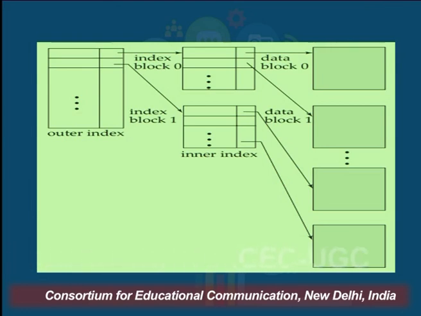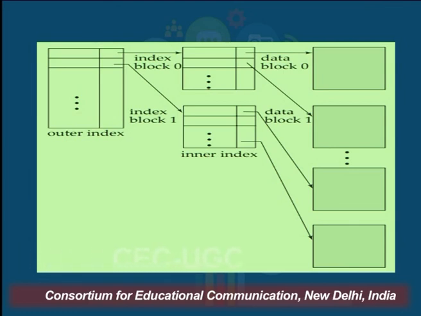In turn, the inner index points towards the various data blocks: the first pointer points to the beginning of data block 0, then the second pointer points to data block 1, and so on and so forth.